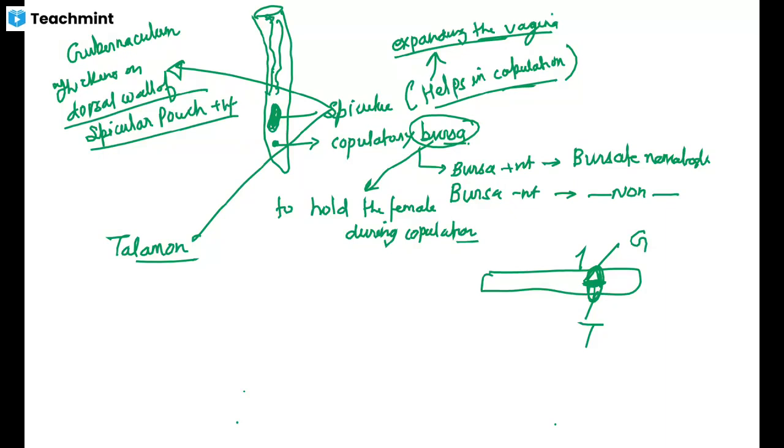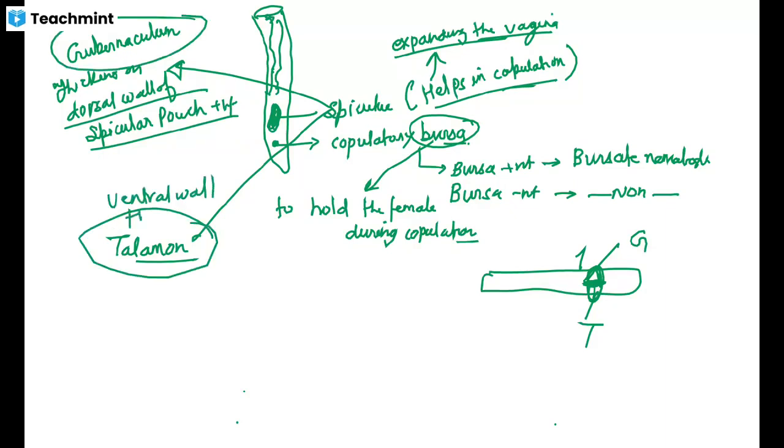If it is present on ventral wall thickening, it is known as telemon. Then this was the male reproductive system of nematodes.